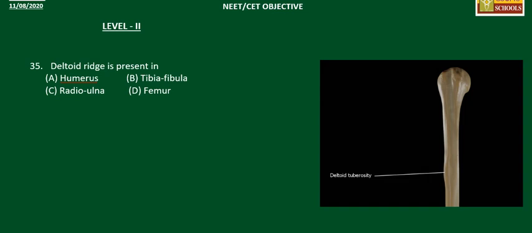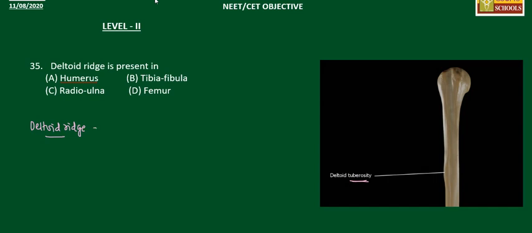The next question, deltoid ridge is present in. So what is this deltoid ridge? You can also call it tuberosity, which you will find on the humerus.